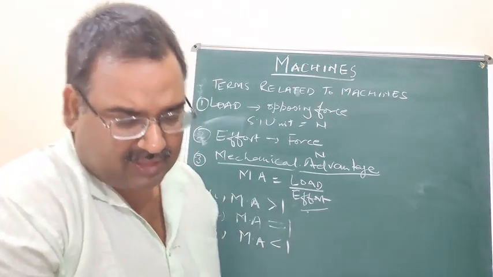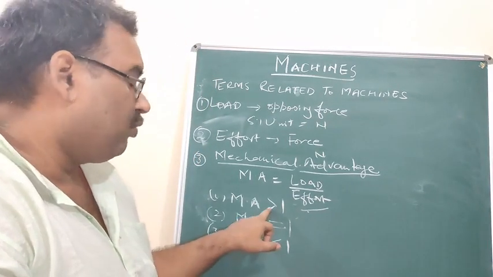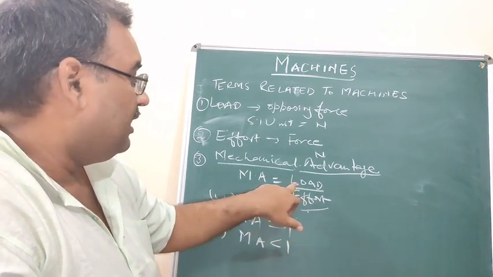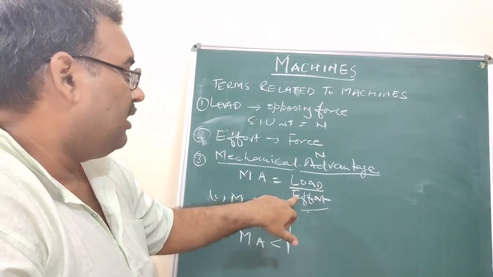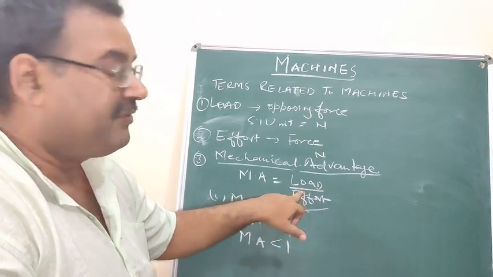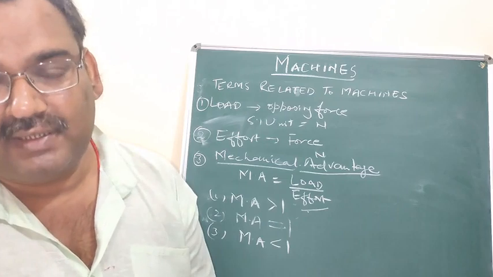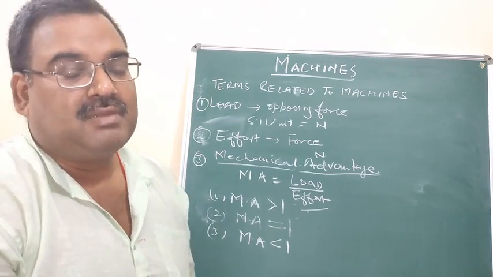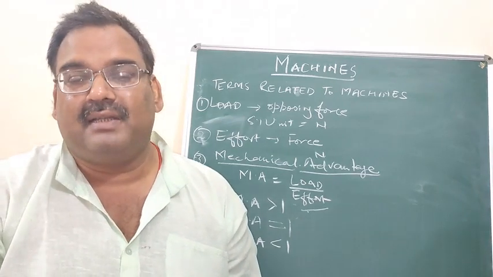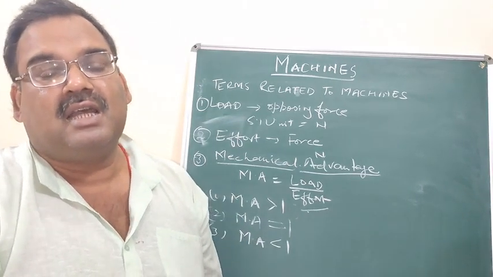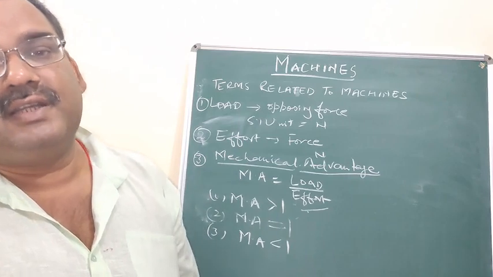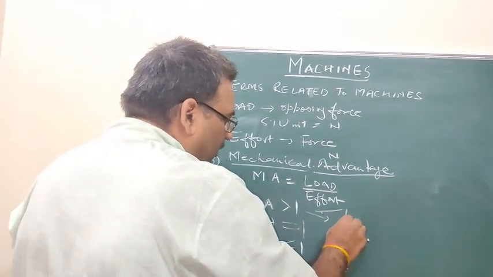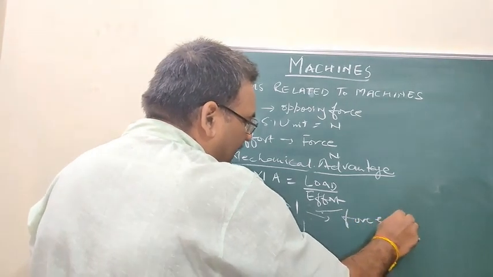One, where the mechanical advantage is greater than 1: if the load lifted by the machine is greater than the effort applied, then it has mechanical advantage greater than 1. Then this is used as a force multiplier.